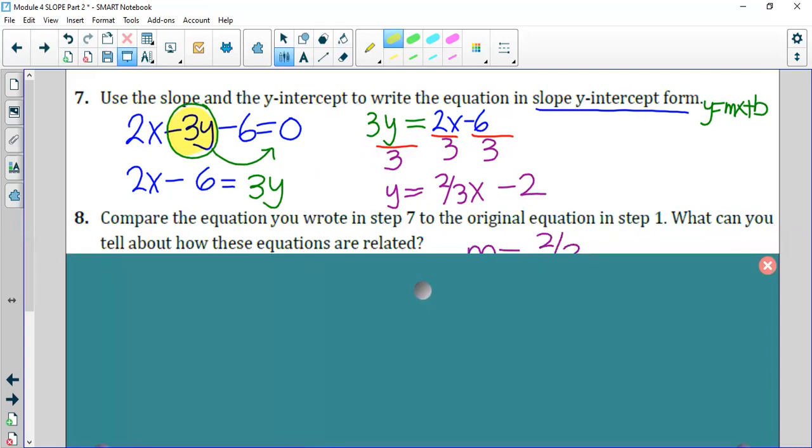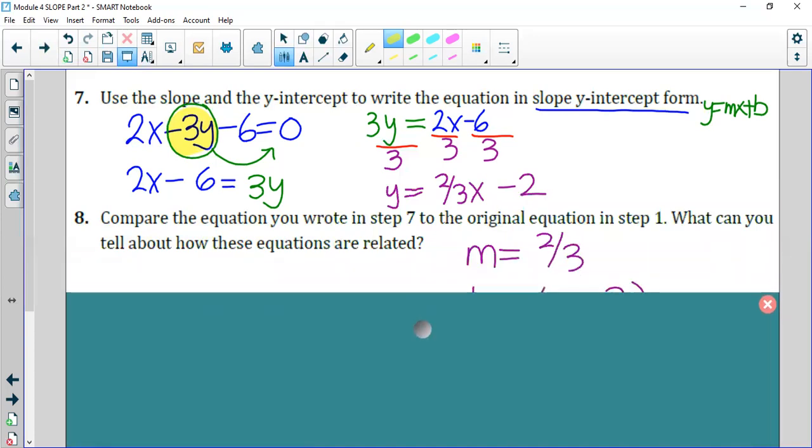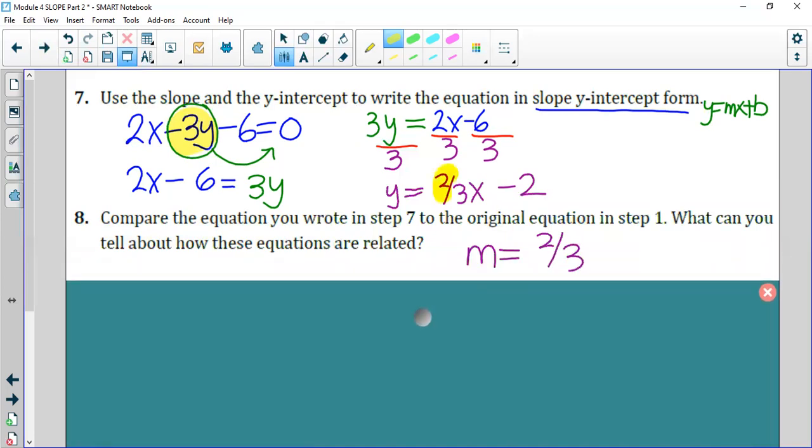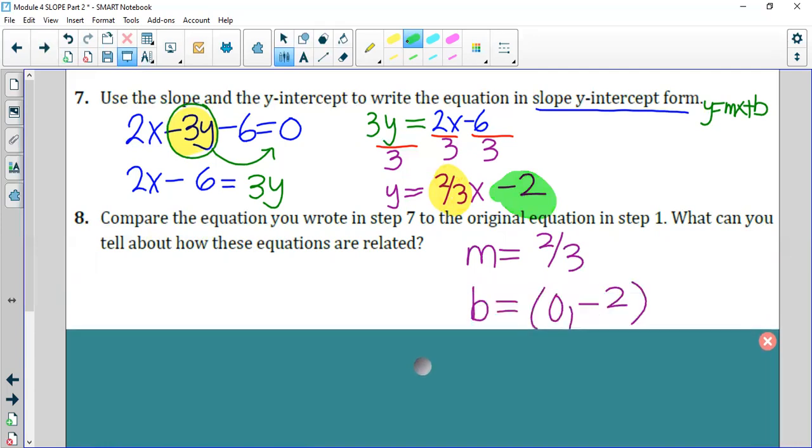From looking at that equation, I can tell that the slope is the term in front of the x, and the number on the side is my y-intercept, which is represented by the point when x is equal to 0, y is equal to negative 2.